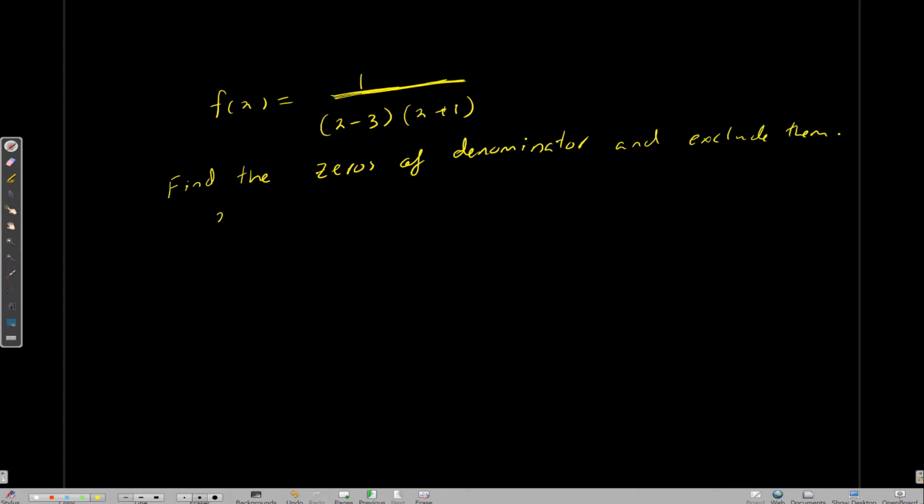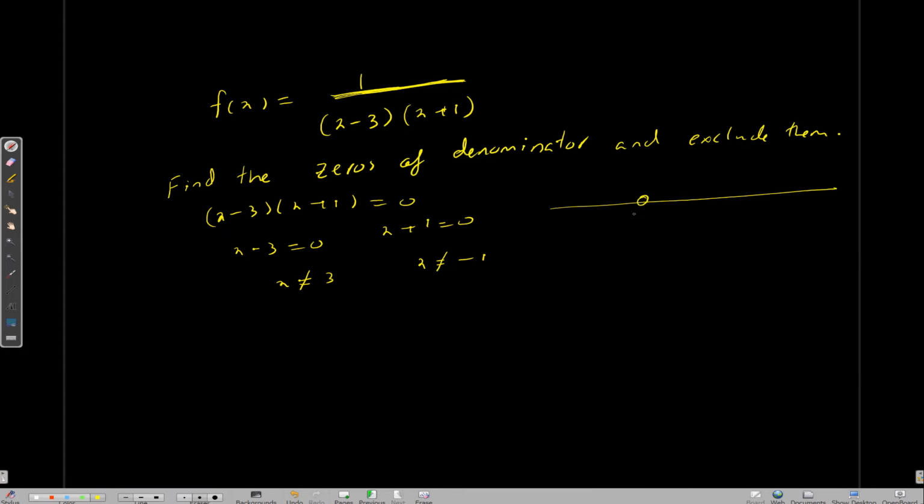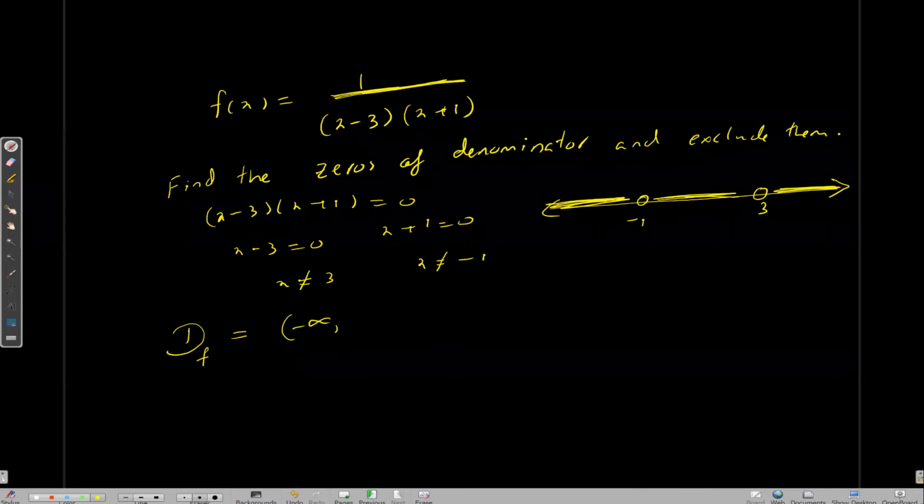So x minus 3 into x plus 1, make it equal to 0. So you get x minus 3 equals 0 or x plus 1 equals 0. We get x equal 3 or x equal -1. And then you just need to exclude them. So -1 somewhere here, 3 somewhere here. So everything to the left, everything in between, and everything to the right. So the intervals are, domain of f, -infinity to -1 union -1 to 3 union 3 to infinity.